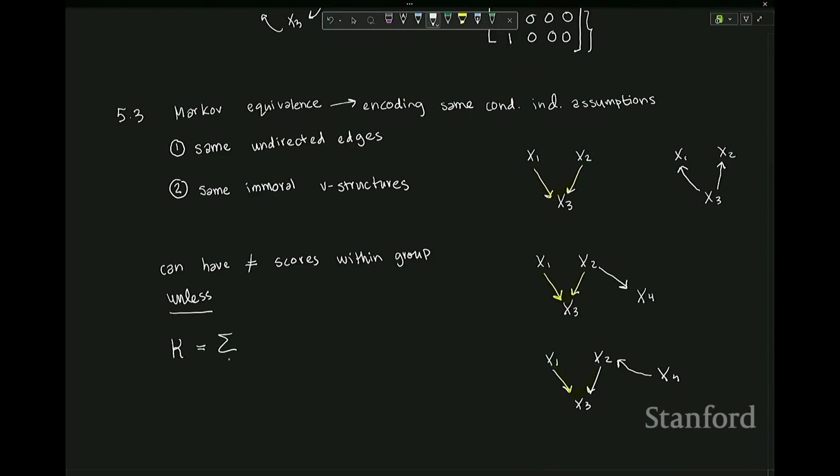Unless we have kappa, which is the sum over j, sum over k of our alphas in the prior, alpha ijk is constant for all i. I would say that's a pretty minor note, but just worth pointing out, Markov equivalent doesn't mean the same score, but we're assuming that it's close enough given it encodes the same independence assumptions that we can search over those groups rather than over all graphs.